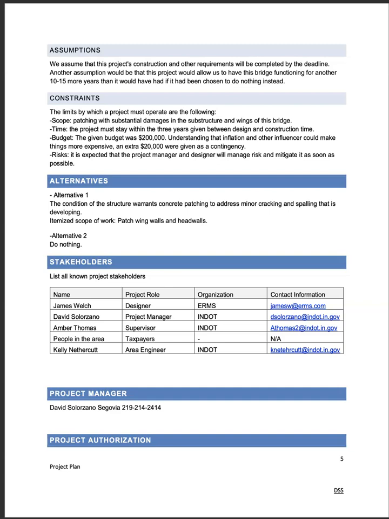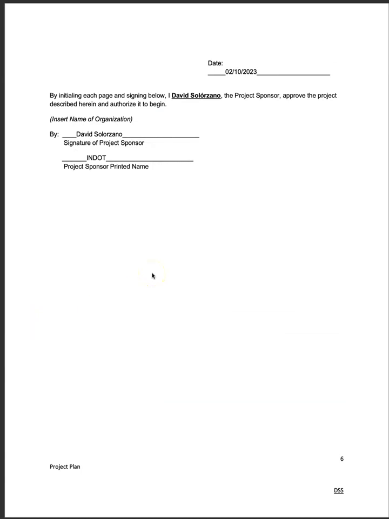And these are the stakeholders that are mainly going to be involved in the project. Even though not all of them are included, I have included the people that are going to be actively involved in the project. I've included my information, and to finalize this project chart, I've also included the part in which the project manager or the project sponsor signs the authorization of this project.